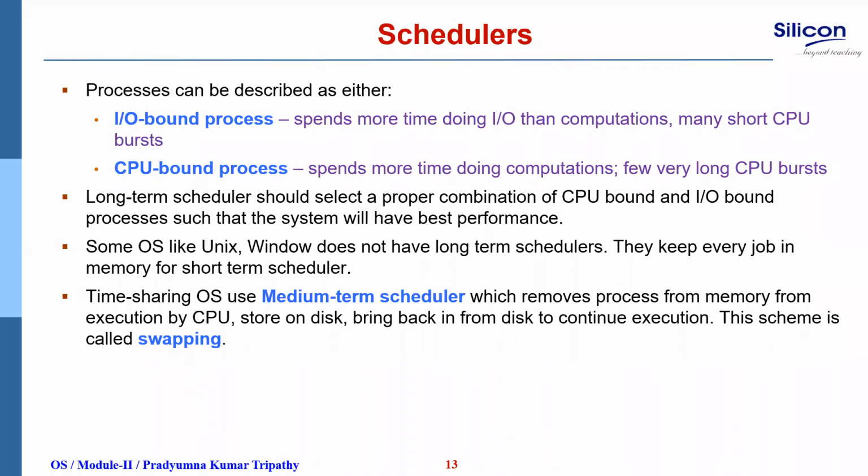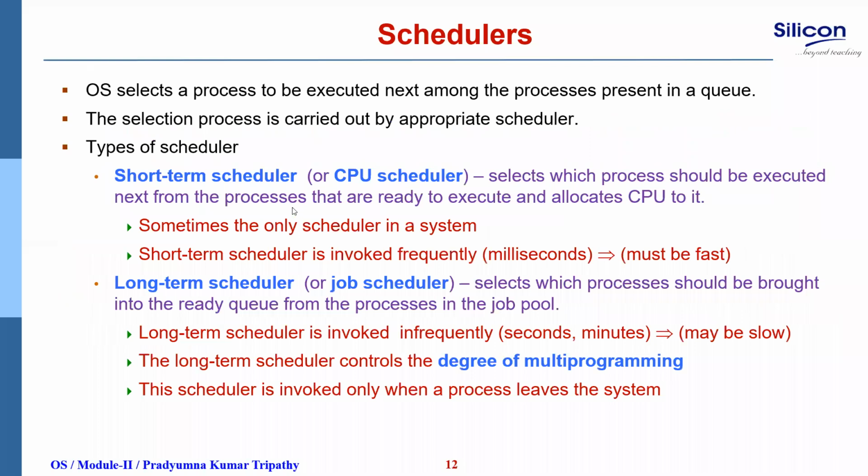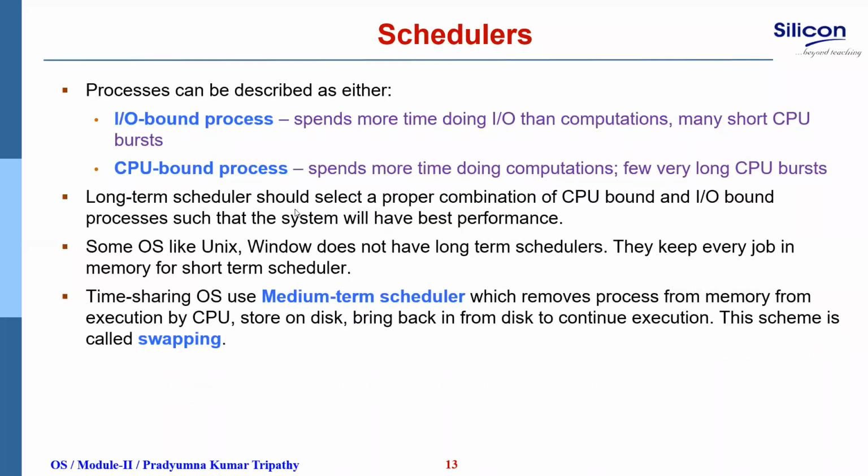Okay, now if we talk about processes, there are two different kinds we usually encounter. Processes can be described either as IO bound processes or CPU bound processes. IO bound processes spend more time on IO operations than on computations.